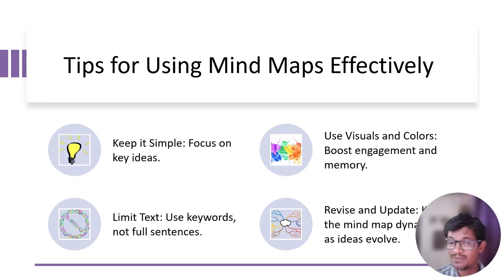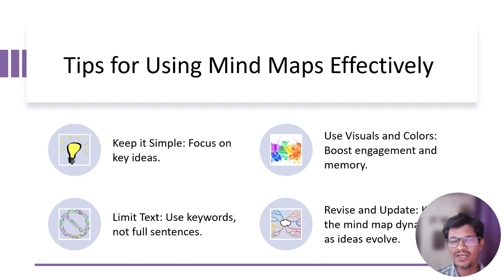So these are some of the tips I can give you to use a mind map effectively. The first one is we need to keep focus on the key areas, so we need to keep it simple. The second one is use visuals and colors so that we can boost engagement as well as memory. The next one is we need to use certain keywords, because we should not use long sentences.